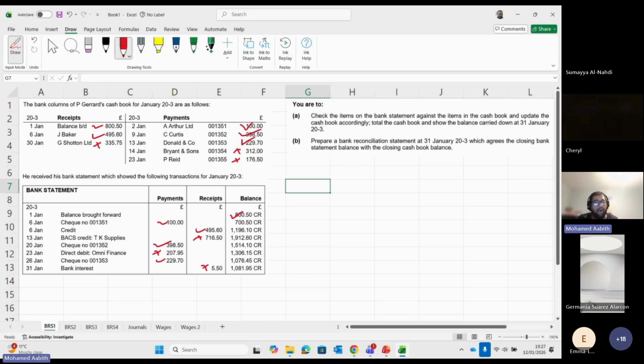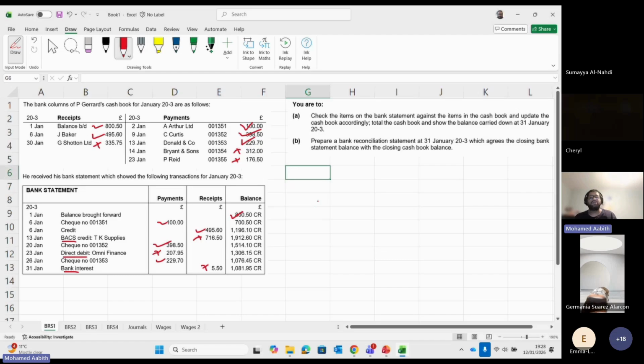What is our job now? We need to go back and update the cash book with those 3 transactions: this one, the direct debit, and the bank interest. Some of them are money in and one of them is money out. So we'll update our cash book straight away.